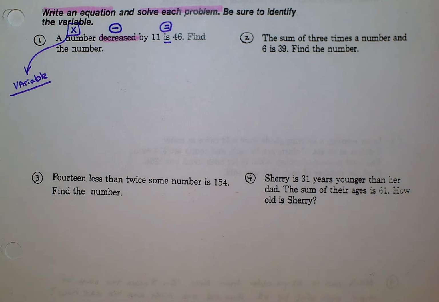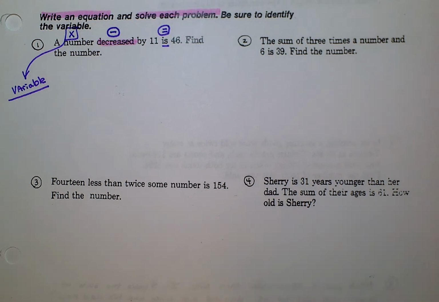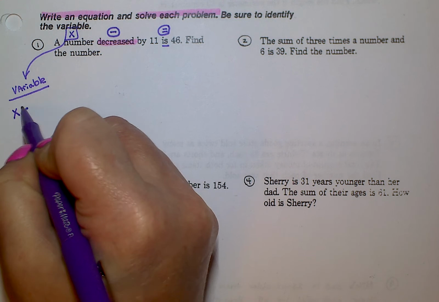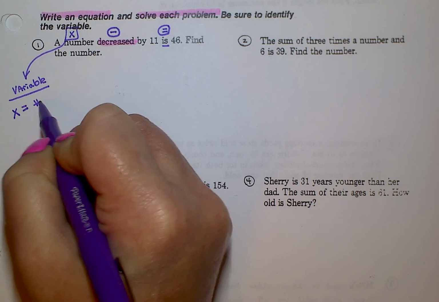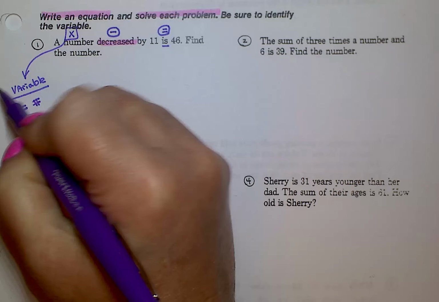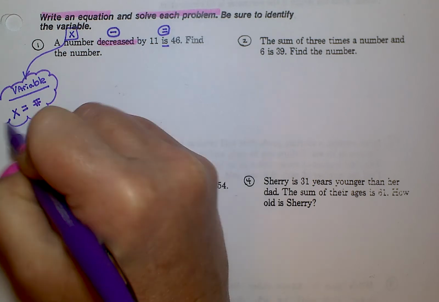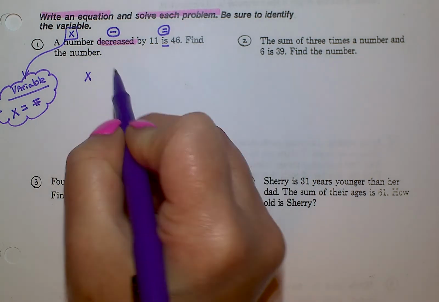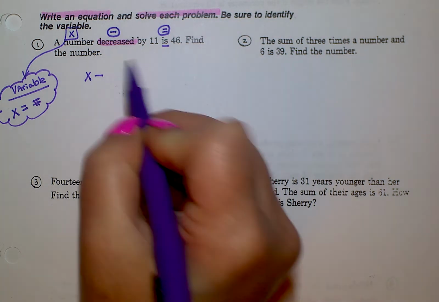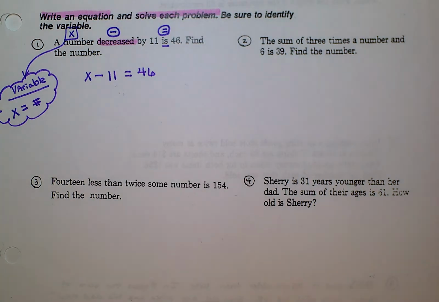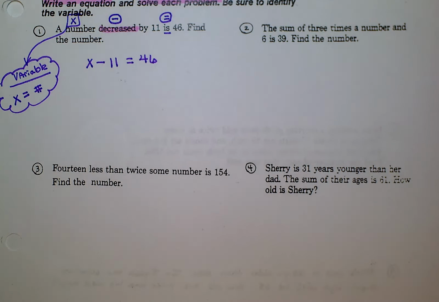Okay, now when it says identify the variable, that just means when you use that letter, X is going to be the number. So I'm going to put it in place of what that number is because I do not know. So a number, which is my X, decreased (minus) by 11 is equal to 46. So that would be your equation.